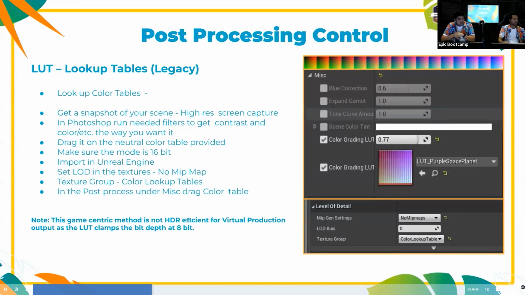But one of the things that I want to add on top of this is one effect that is cinematic. This should be used only, and this is a game-centric effect, and this is what they call it, because this works perfectly for an image that is being displayed on the screen.